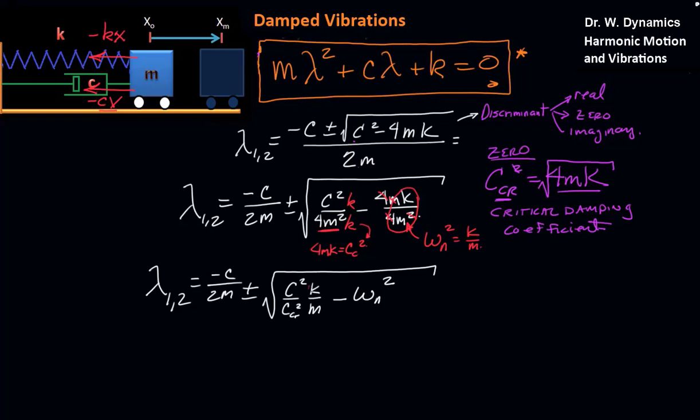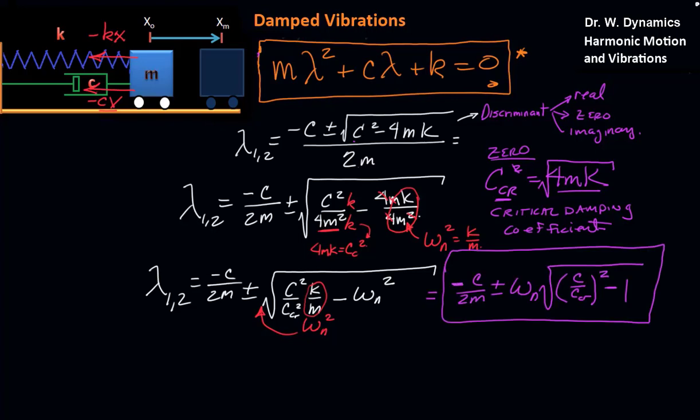And in the process of doing that, we've generated another k on m, which we know is omega squared as well. So we can factor the omega squared out in front here, and this cleans up to become our generalized solution for lambda 1 and 2.